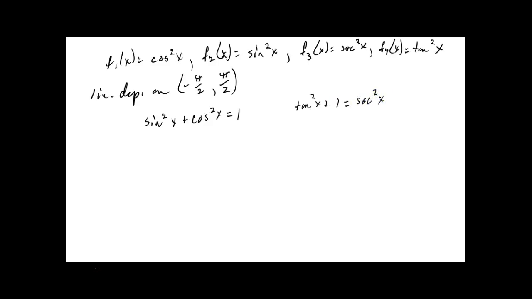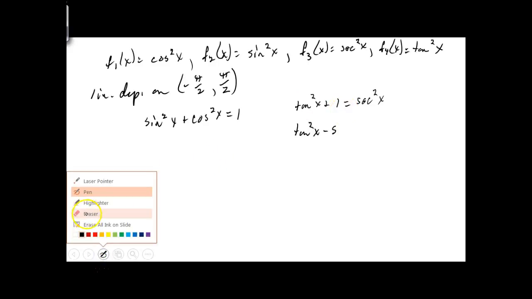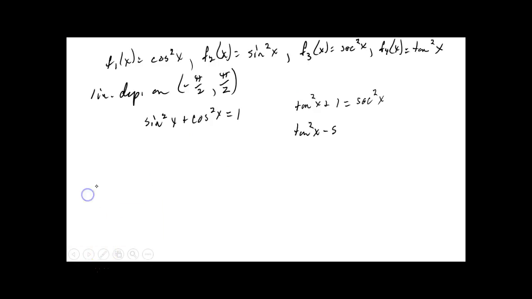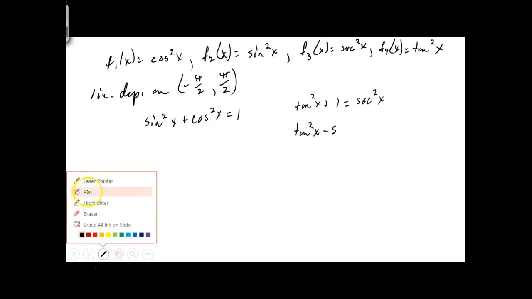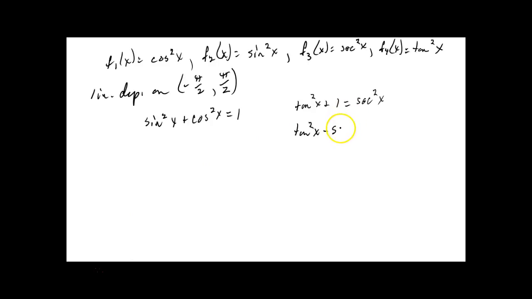So guess what? Let's say this is tangent squared x minus secant squared x. No, I like it that way. Minus secant squared x is equal to negative 1, right?